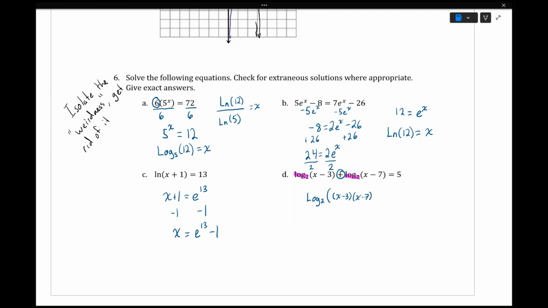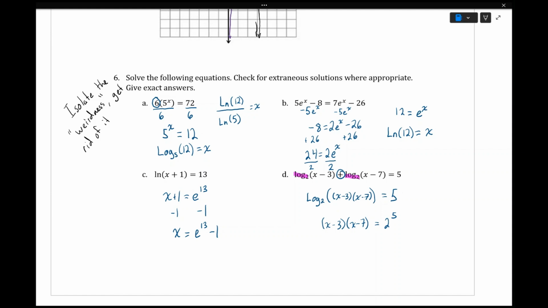So now I've isolated my logarithm. I've made it into one thing. And now I can switch forms to get rid of it. And since this is log base 2, I end up with x minus 3 times x minus 7 equals 2 to the 5th power. The input of the logarithm became the output. The output became an input.